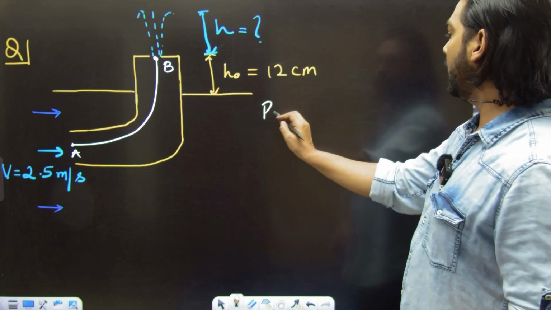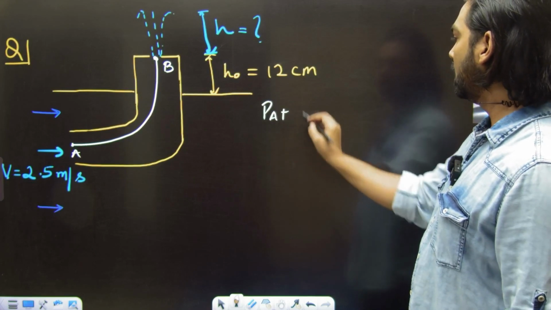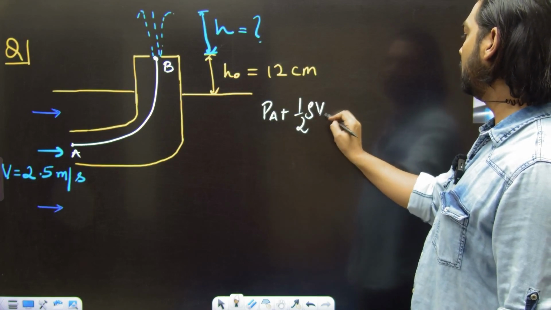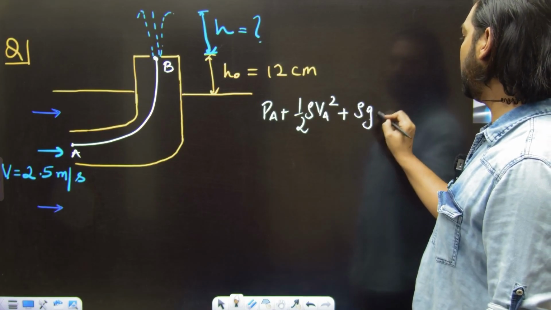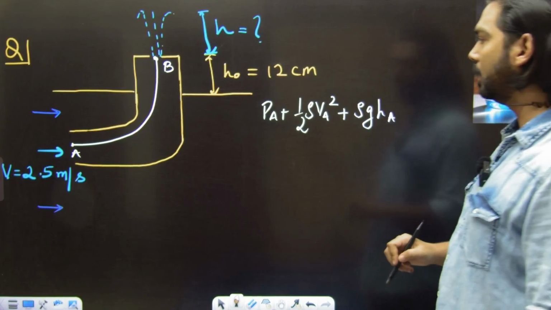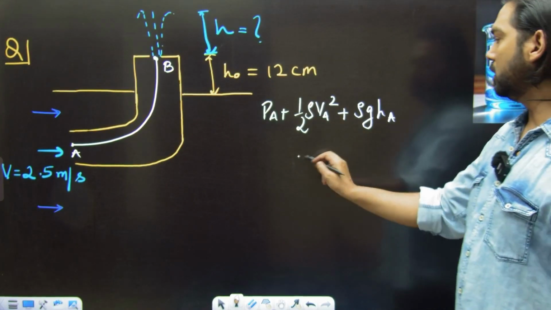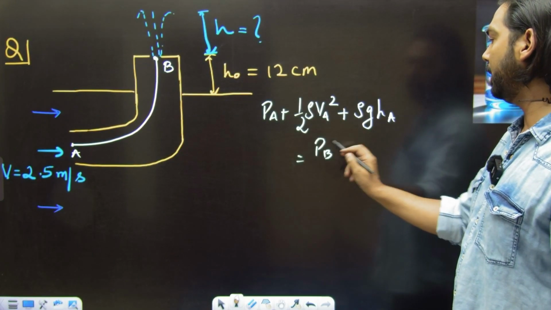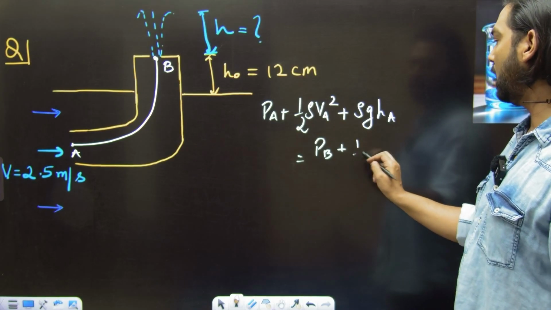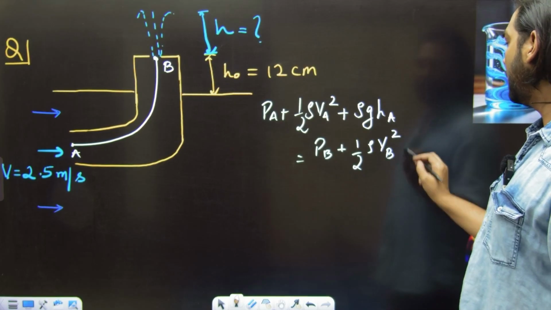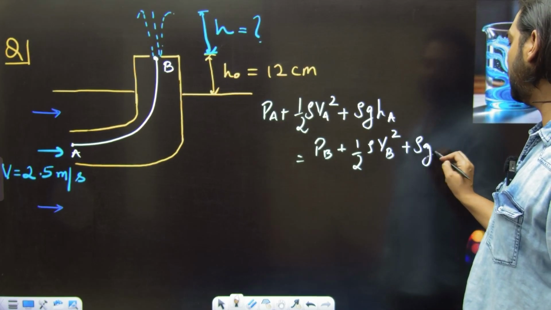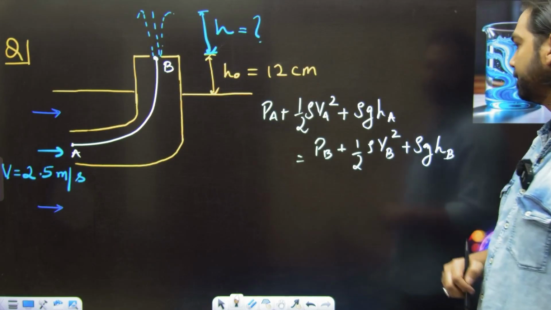Pressure at point A plus half rho VA squared plus rho G HA equals pressure at point B plus half rho VB squared plus rho G HB.